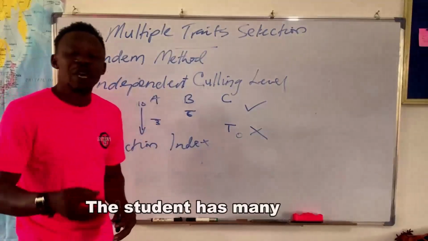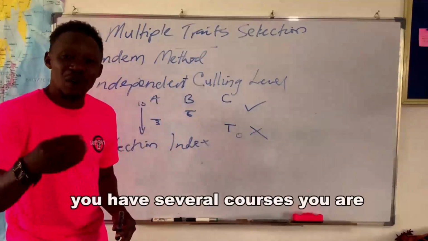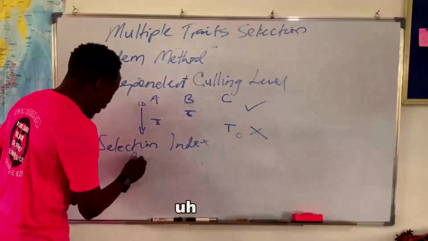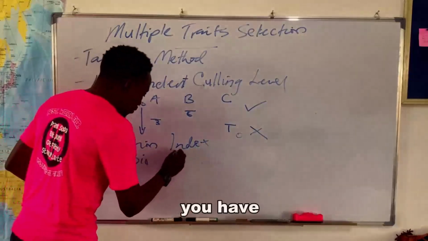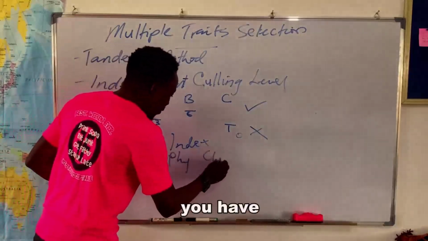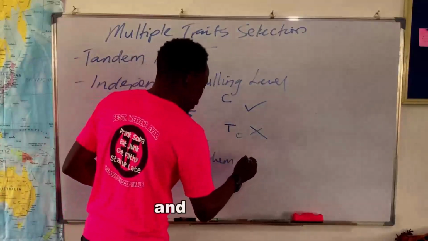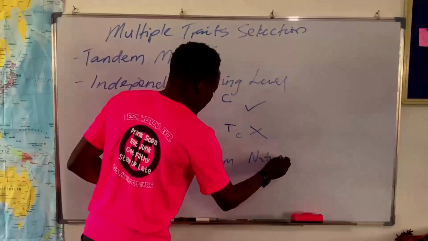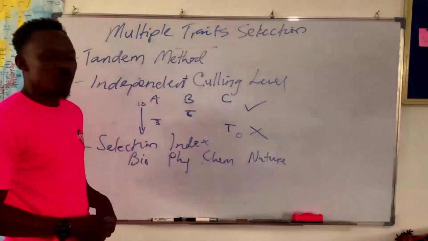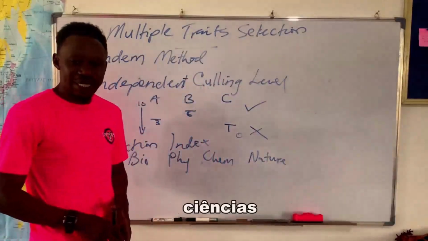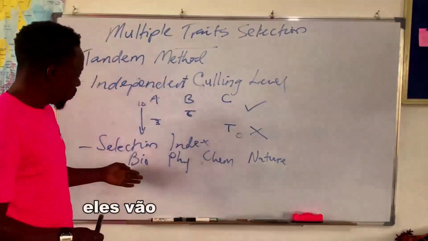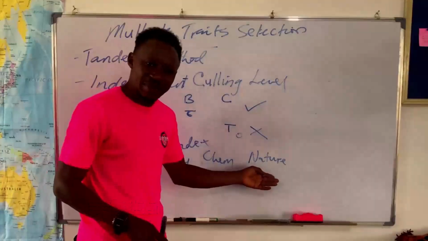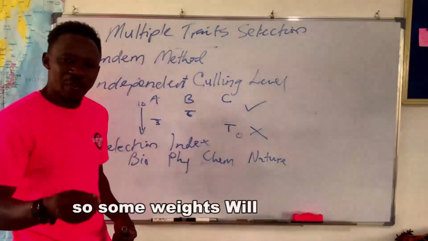The student has many courses. Let us say you have 4 courses you are offering. You have biology, you have physics, you have chemistry, and you have nature science or whatever. If, for example, a student is in life sciences, they're going to be interested in biology, chemistry, and nature science. So some weights will be attached.